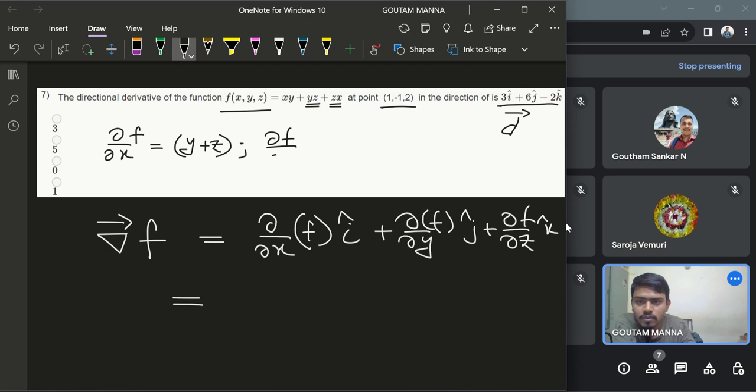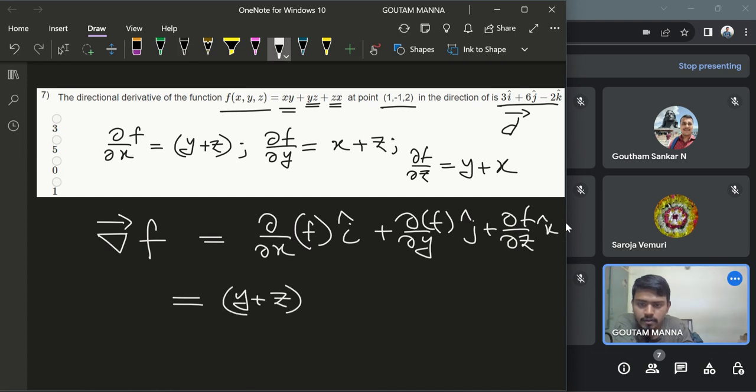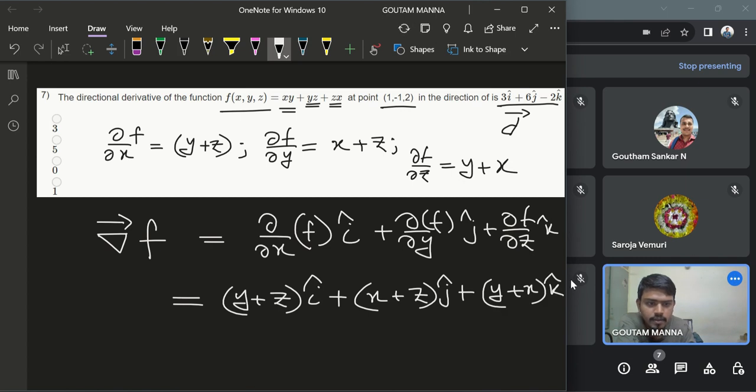Similarly, del y of f: the first term is x, the second term is z, so x plus z, and the third term is 0. And del z of f: the first term is 0, the second term is y, the third term is x. So it will be y plus z i cap plus x plus z j cap plus y plus x k cap.